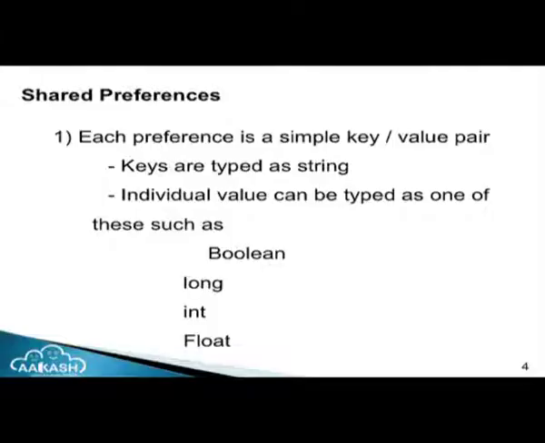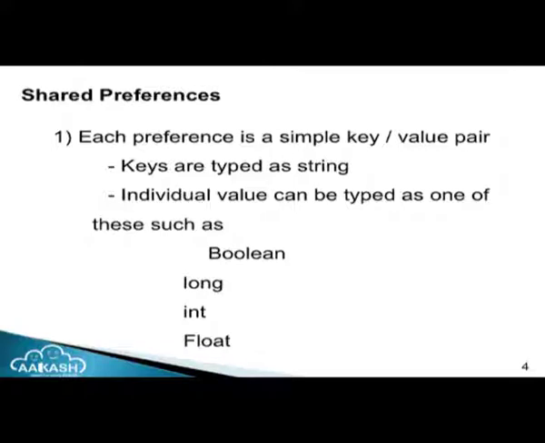Now, we'll start with the very first storage option, that is shared preferences. Basically, shared preferences is used when we require saving some persistent data. Each preference has a key and value pair. The key is a string, and the value can be any kind of value: boolean, long, float, int.